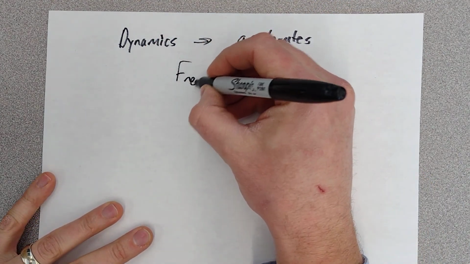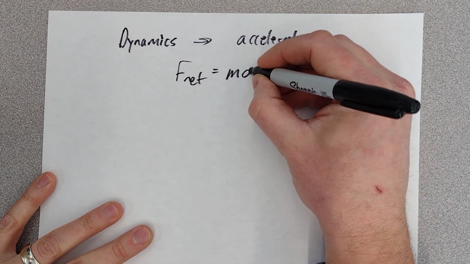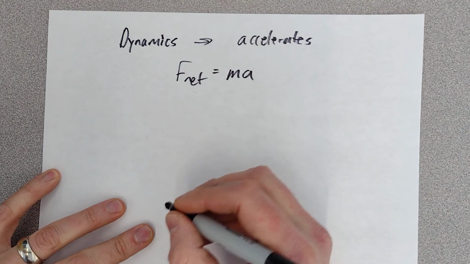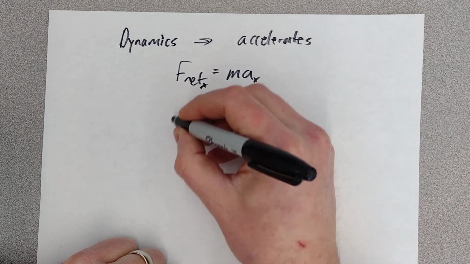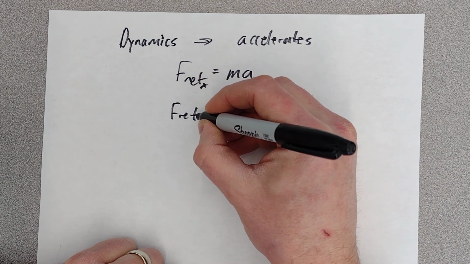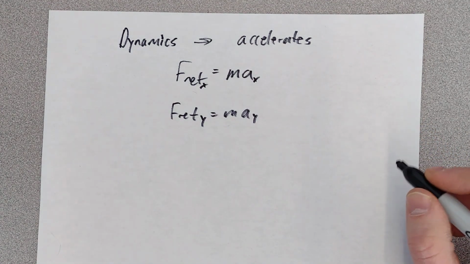Rather than F net being equal to 0, F net equals the mass of the system times the acceleration of the system. Usually we do this as x and y. F net y equals mass times acceleration in the y direction.